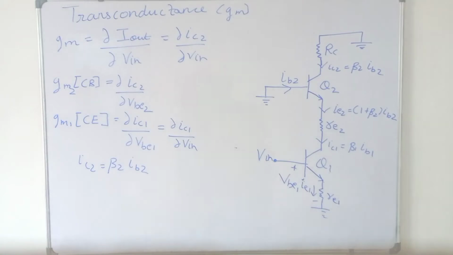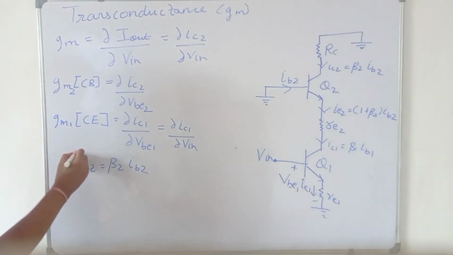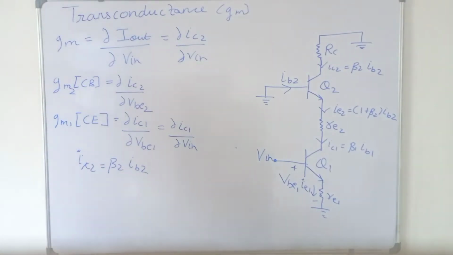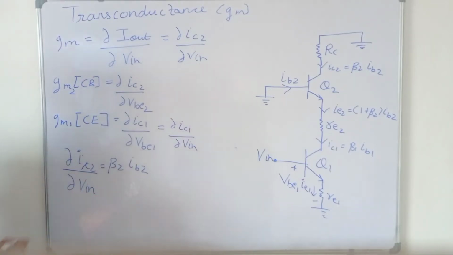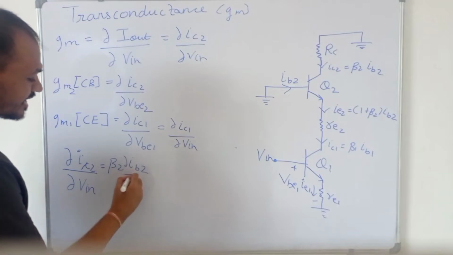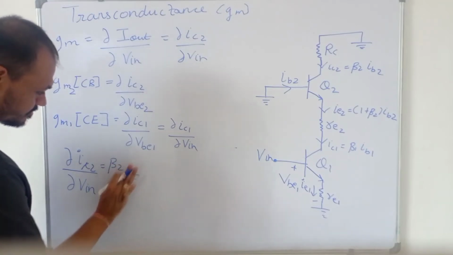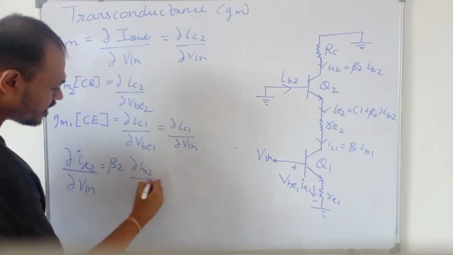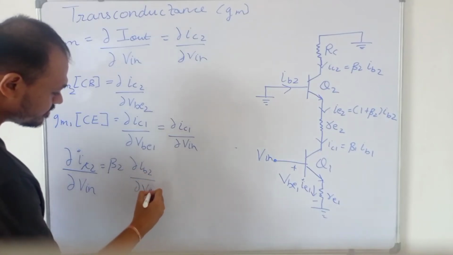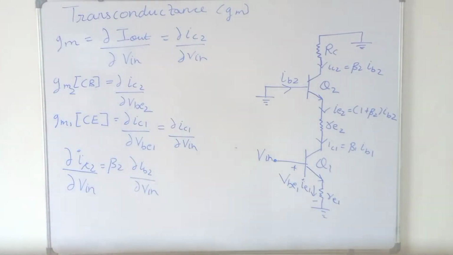So if we differentiate this IC2 with respect to V input, then beta is constant, so it will be equal to beta times delta IB2 upon delta V in. Okay, this is the value of delta IC2 upon delta V in.